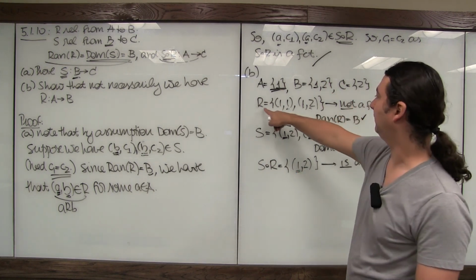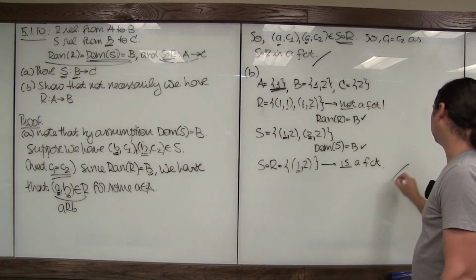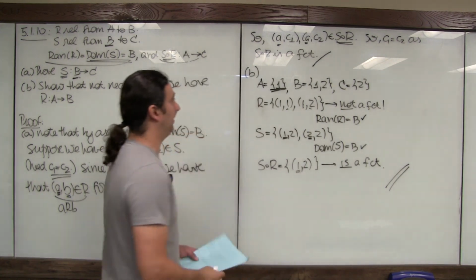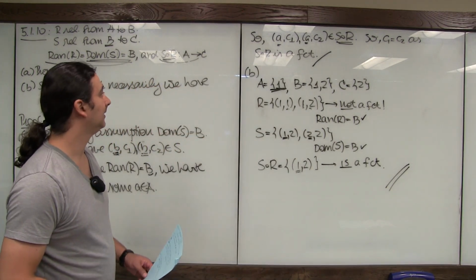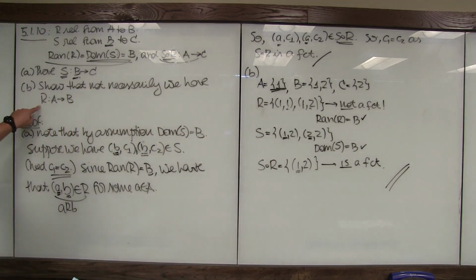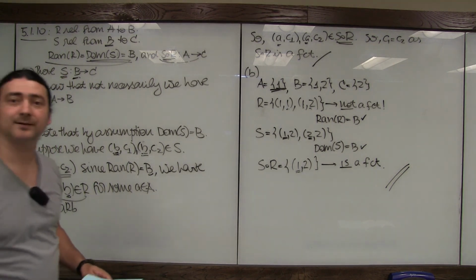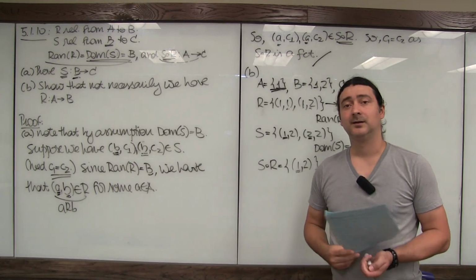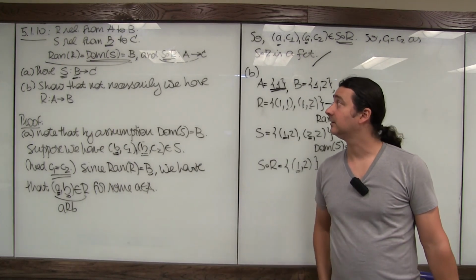But as you can see, R is not a function. So this is a counterexample of something that can go wrong in here. Okay, so R doesn't have to be a function, but S does. Okay, so that is problem 10 of section 5.1.